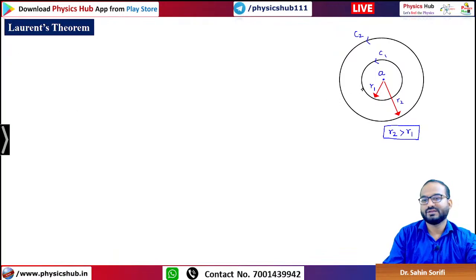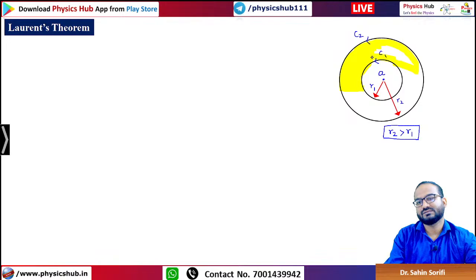If I show you the annular region, it is like this. This region is where the function is analytic. This is the annular region.